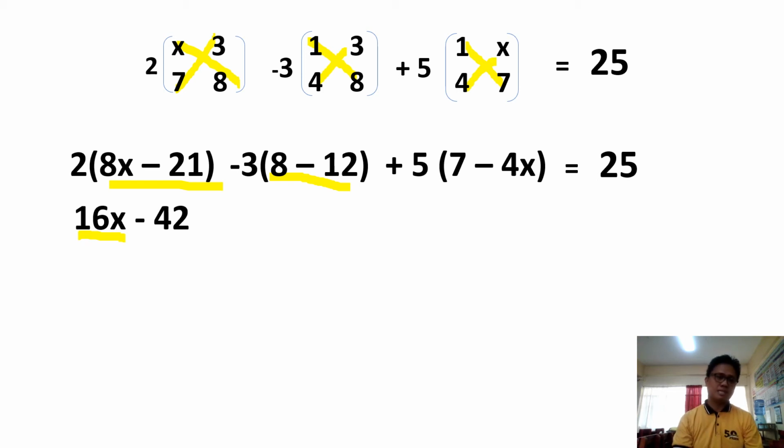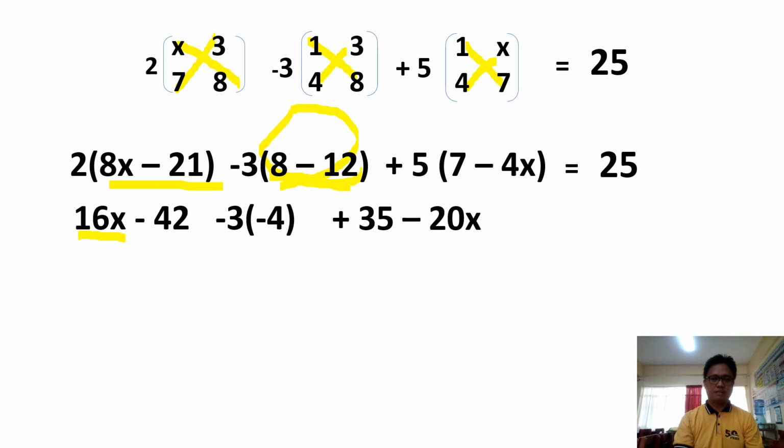Next, we have to solve first 8 minus 12. Then we have negative 4. So 8 minus 12 is negative 4, to be multiplied to negative 3. Then next is 5 times 7 is 35.